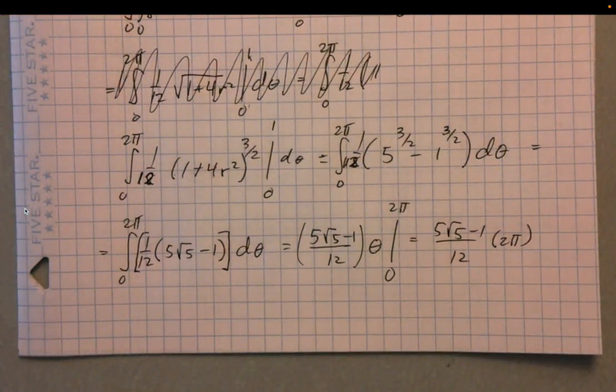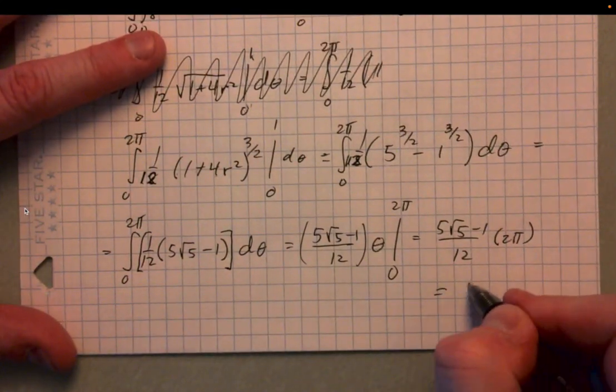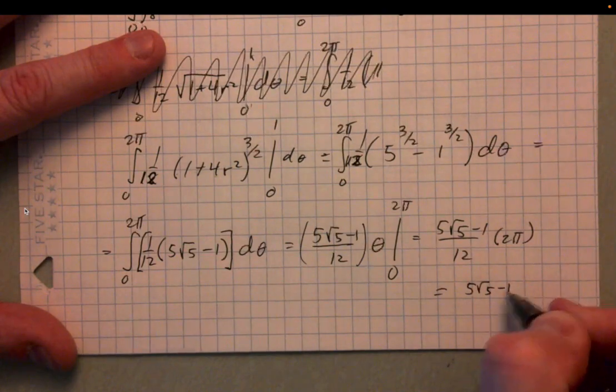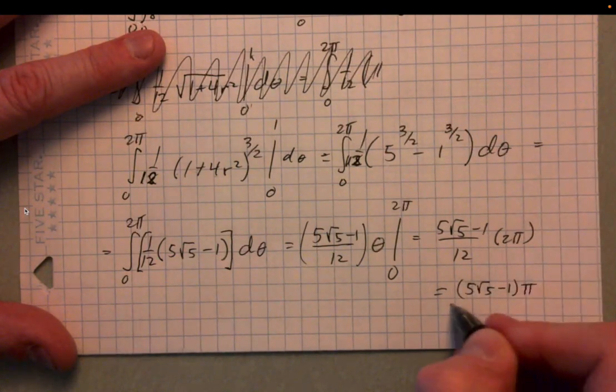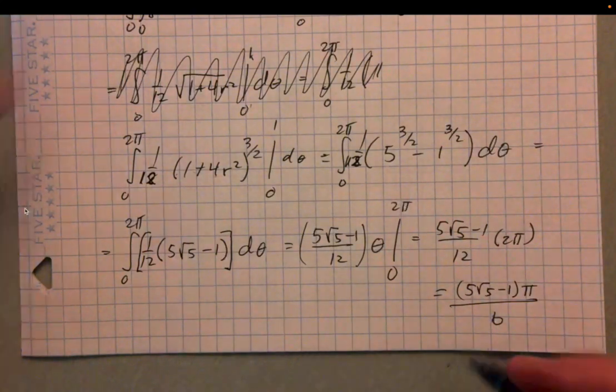Okay, so it looks like this. And we could simplify this, of course. Minimally you could say this is 5 square root of 5 minus 1 times pi over 6, like so. So I think that should do it.